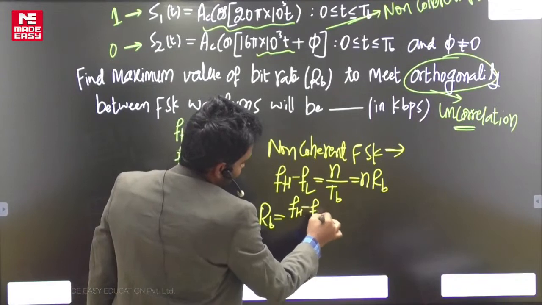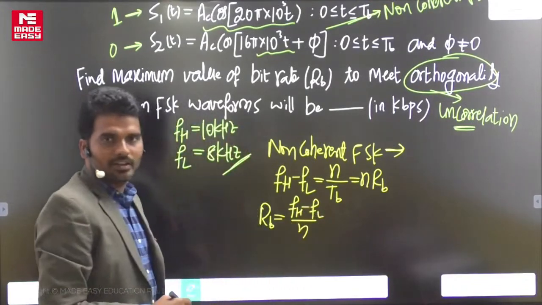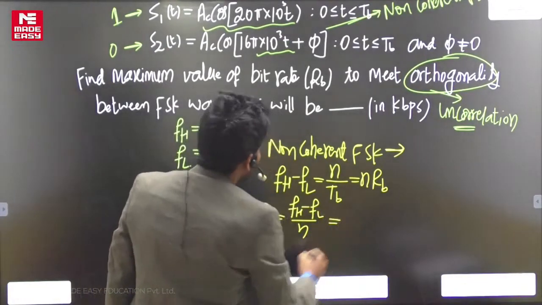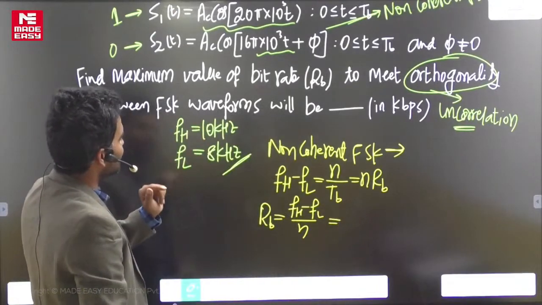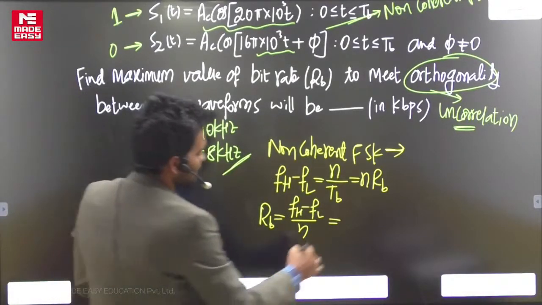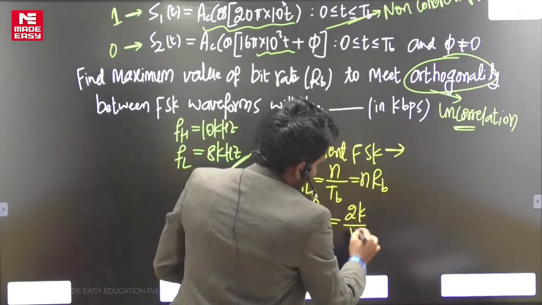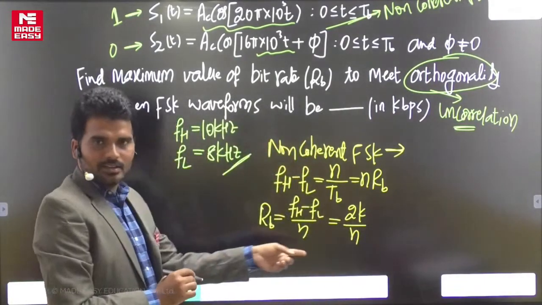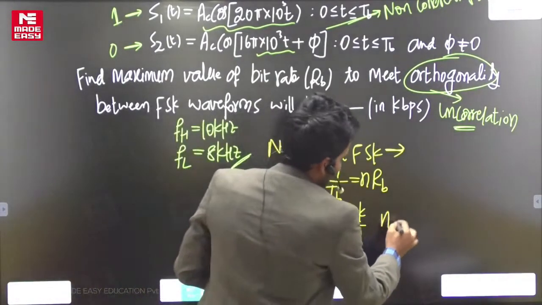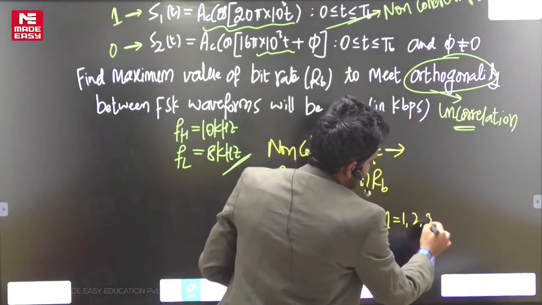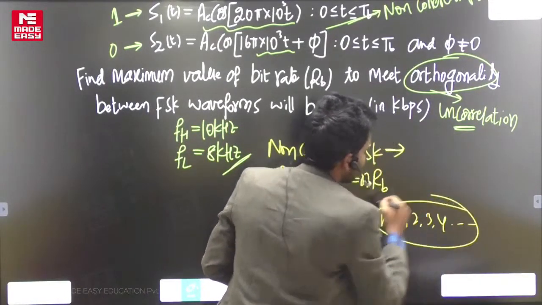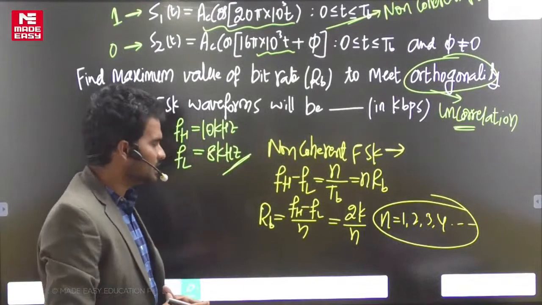RB is equal to (FH minus FL) by N. FH minus FL is 10K minus 8K, so this will be 2K by N, where N is an integer. This N can be 1, 2, 3, 4, any of these integers.